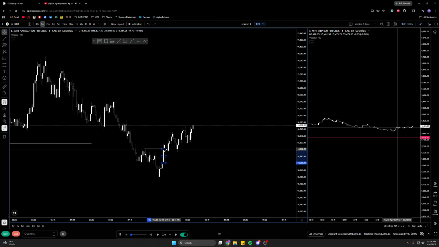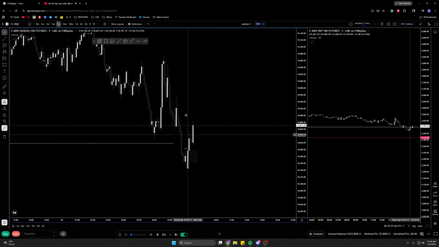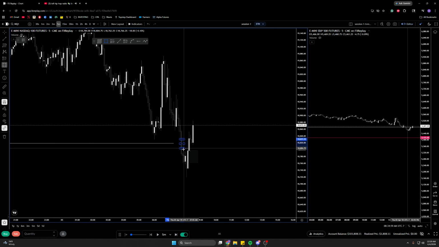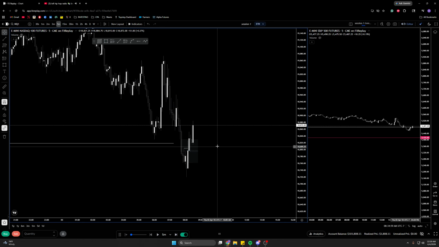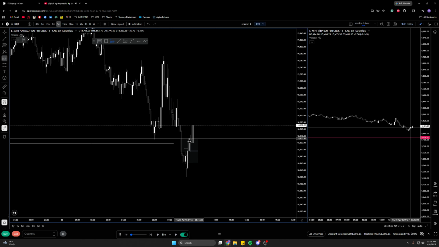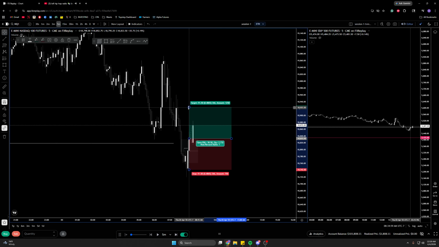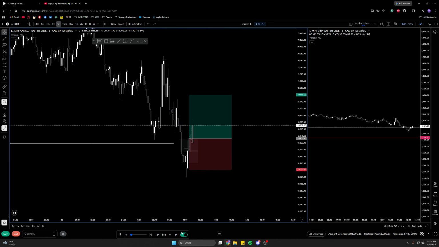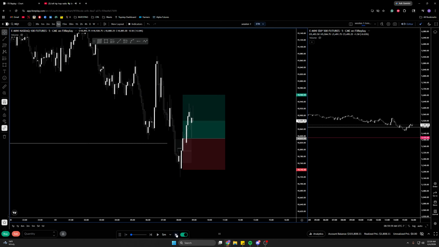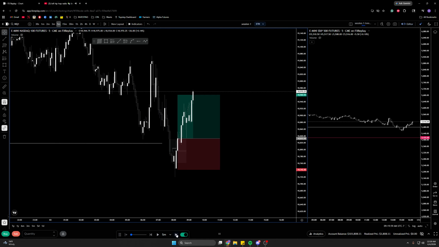Again, just keeping it very simple, not doing anything crazy. The 5 minute looked, damn, this would have been a good trade. I hate backtesting, sometimes I go too fast. This would have been a nice little inversion trade. Let's see if this hits. I'm not going to be taking this though. Yeah, so this would have been a sick inversion trade here.